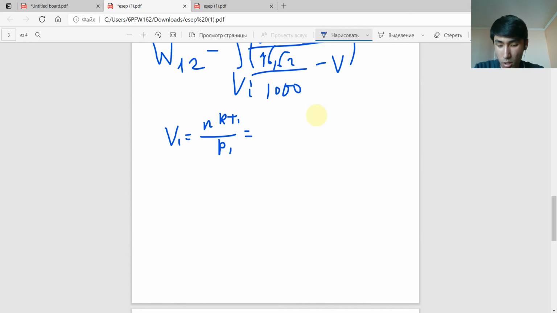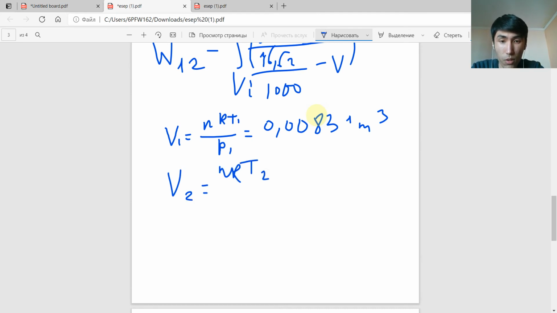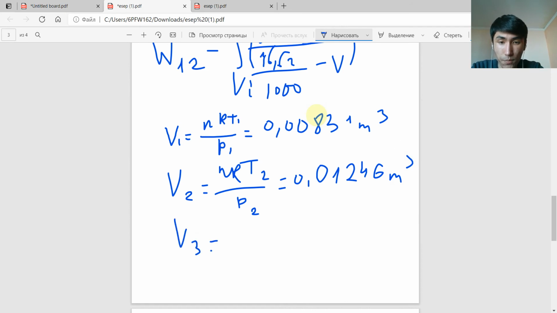V1 equals 0.00831 cubic meter, and V2 is also nRT2 over P2, right? So here let's write the result of calculation, 0.01246 cubic meter.